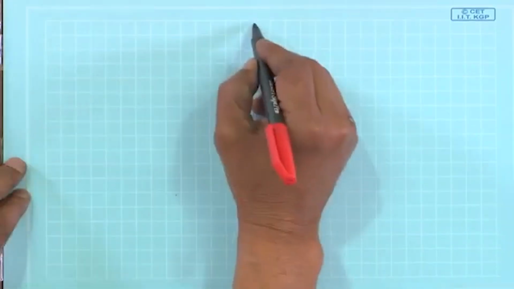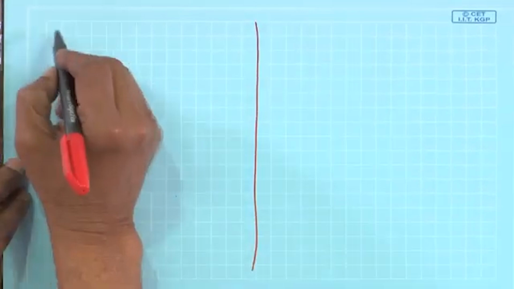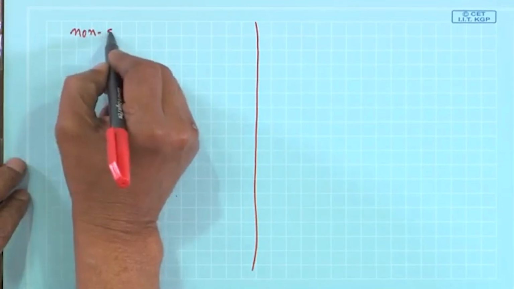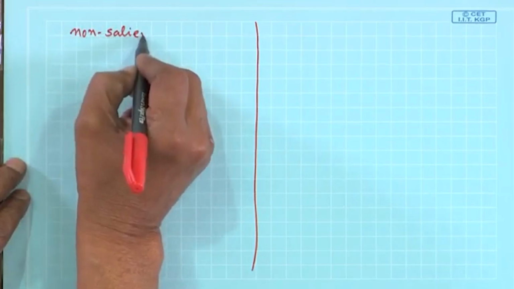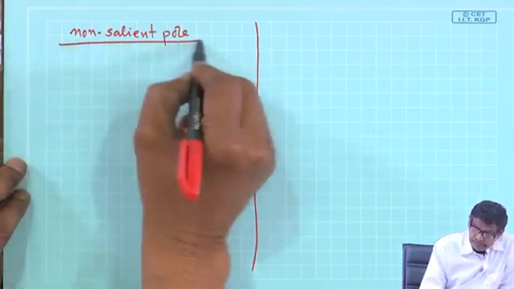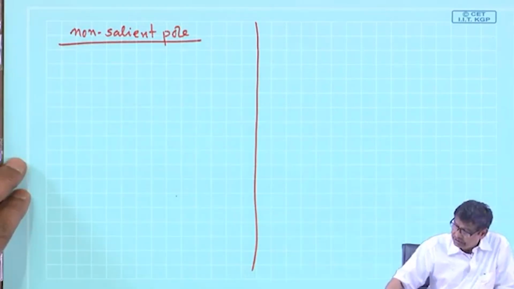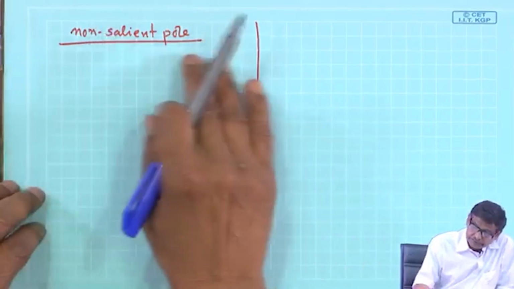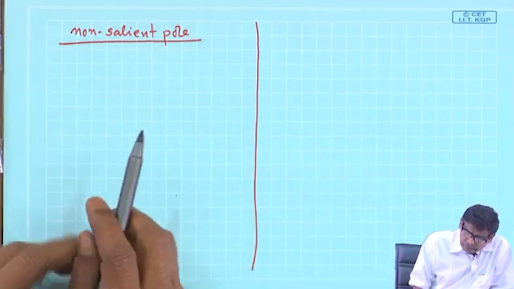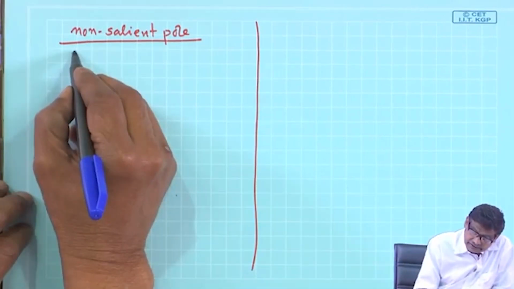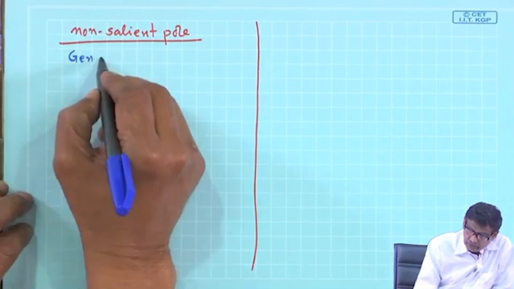Suppose it is a non-salient pole machine, that is, a cylindrical rotor synchronous machine, and suppose I say it is generator mode.